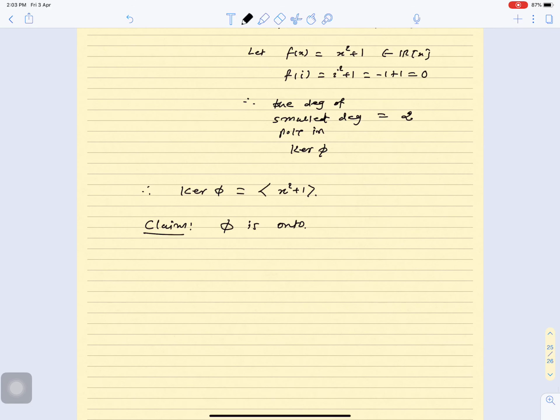You consider let alpha plus i beta belongs to C. Now you find a polynomial, then find some p(x) belongs to R[x] such that phi of p(x) is equal to alpha plus i beta.